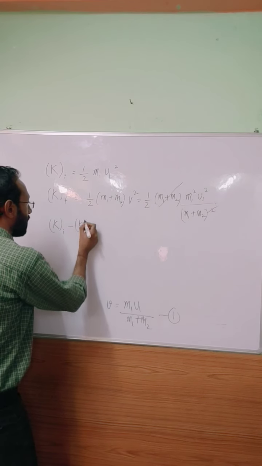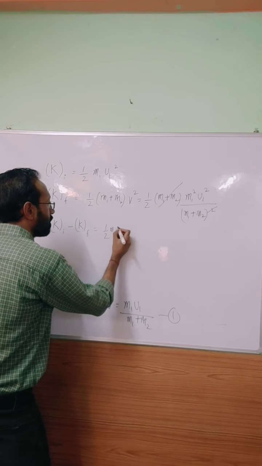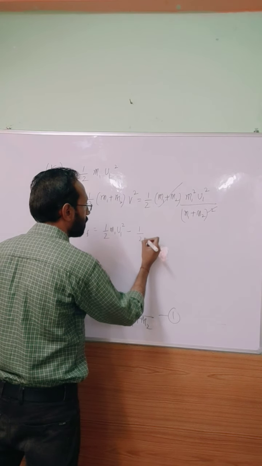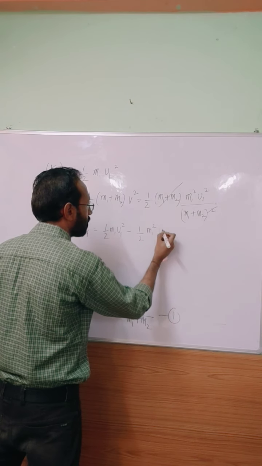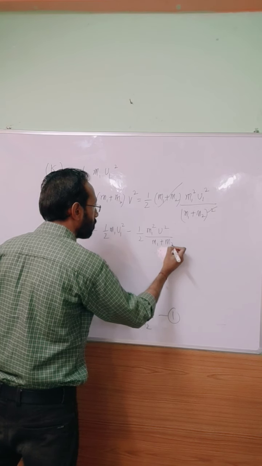So we have to show that kinetic energy is lost here. Initial minus final becomes half m1 u1 square minus half m1 square u1 square upon (m1 plus m2).